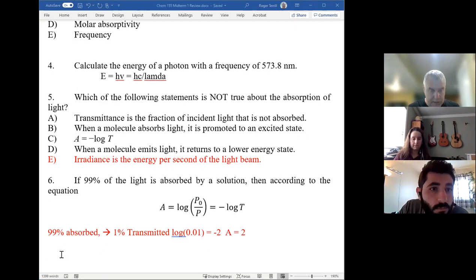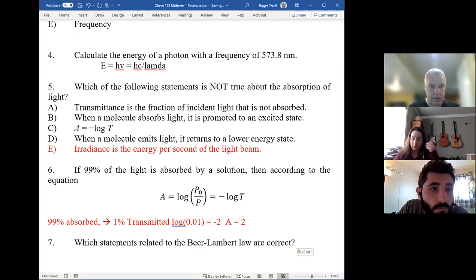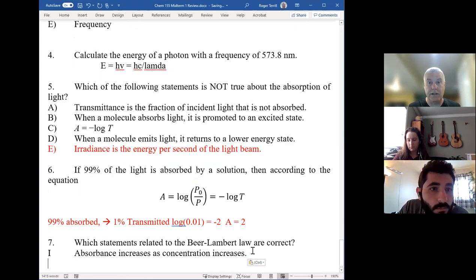Which Beer-Lambert statement is correct? Absorbance increases as concentration increases. Yes.